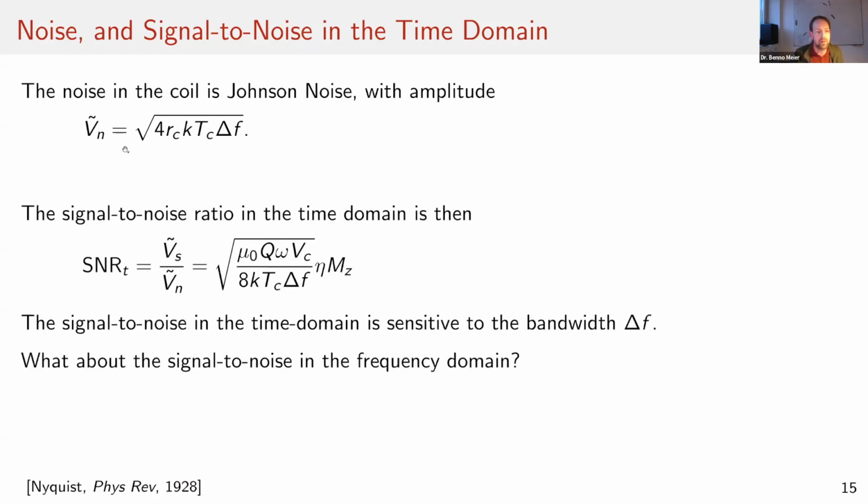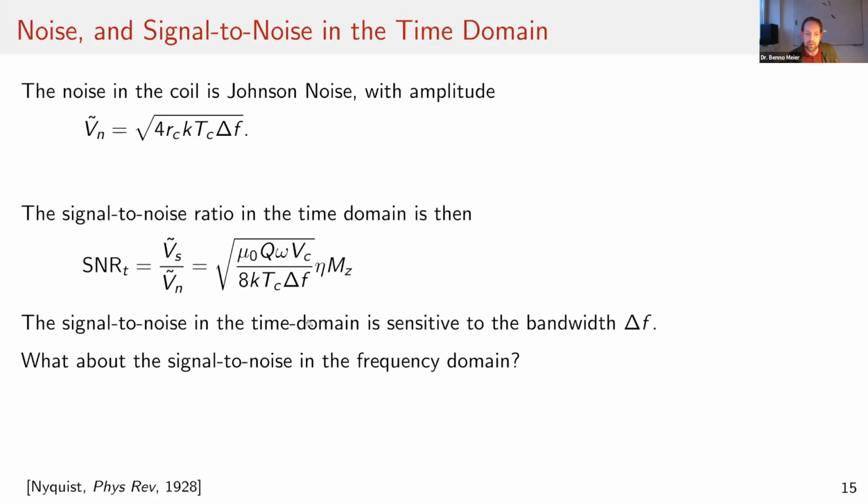Okay, so now we know the noise, we know the signal, so we can calculate the signal to noise ratio in the time domain, because we calculated the signal in the time domain and also the noise in the time domain. So the signal to noise ratio then is this. We have this funny expression here that again depends on the bandwidth of our receiver, and of course it depends also on how much magnetization we have, on the filling factor, on the Q, and so on.